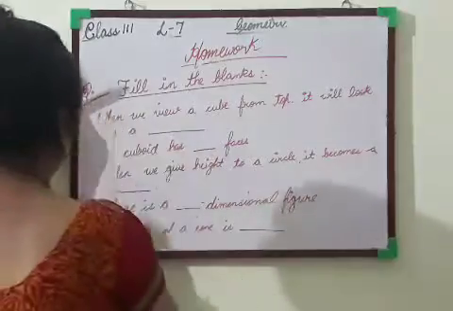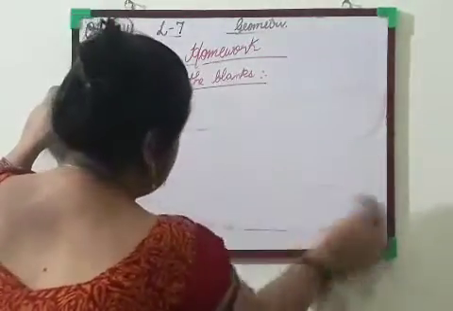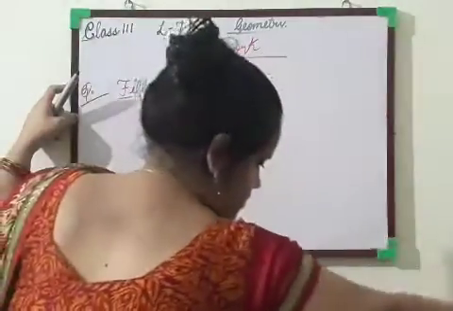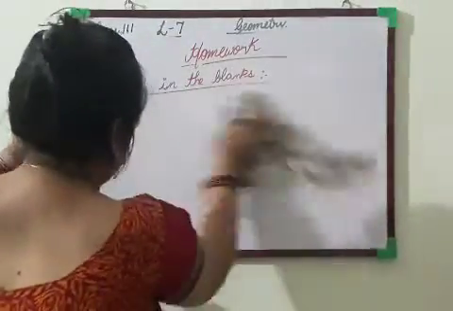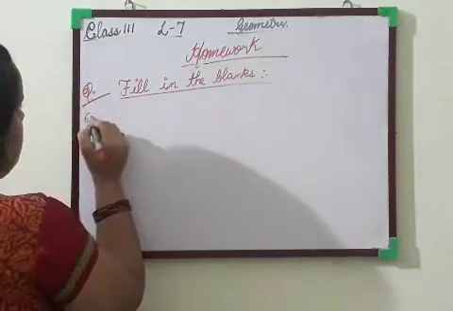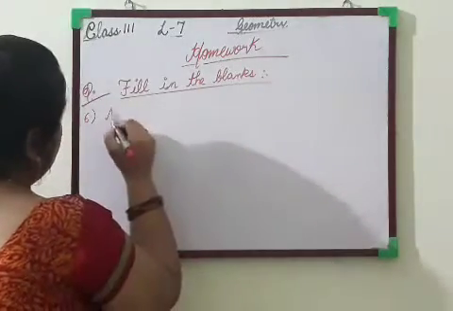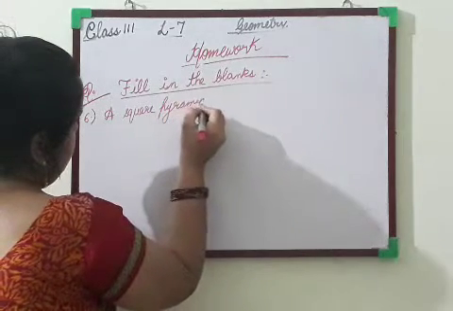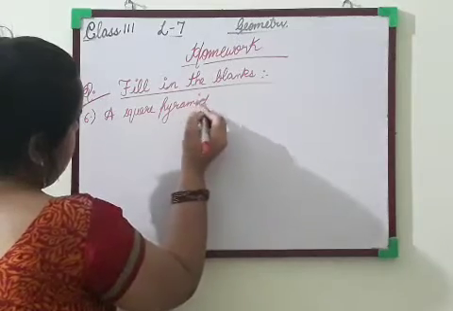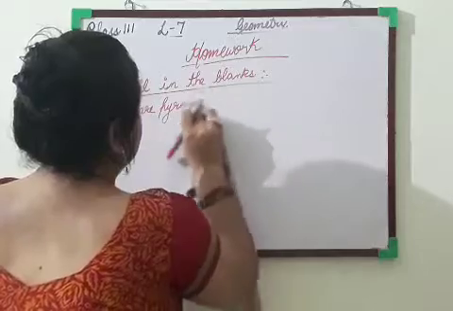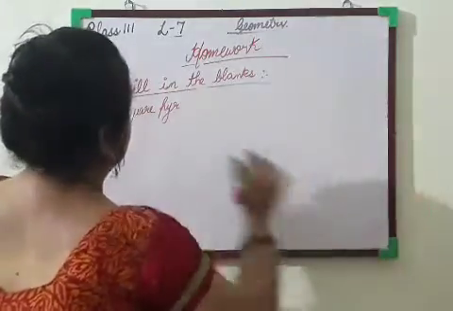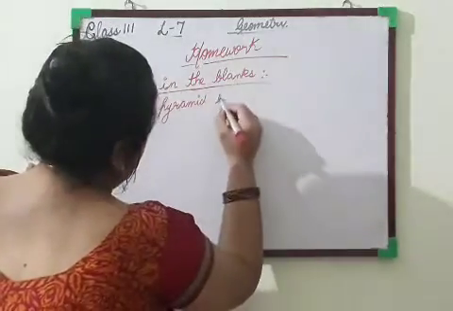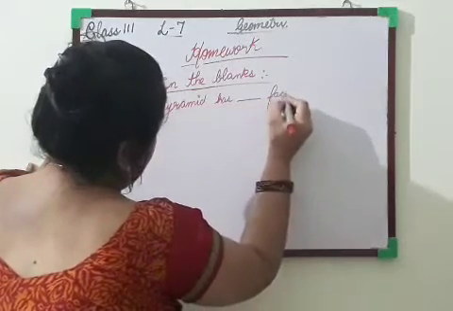Okay, now few more are there. Sixth, a square pyramid has dash faces.